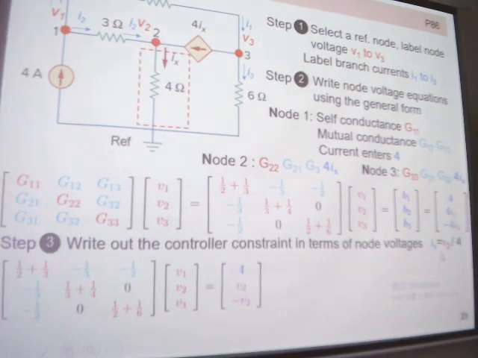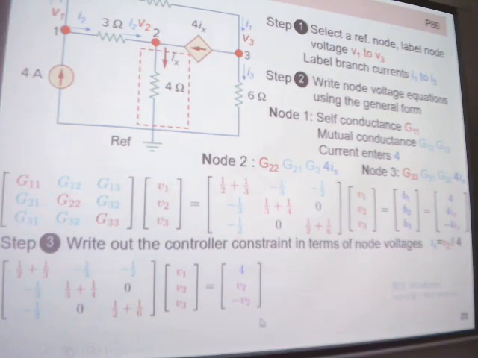Here, our Ix is equal to V2 over 4. Where is our Ix? Here, we can see the relation is given by this part. We know our Ix times 4 is equal to V2 minus reference, right? So we can get the expression of Ix. And now our Ix is in terms of V2, in terms of node voltage as well.